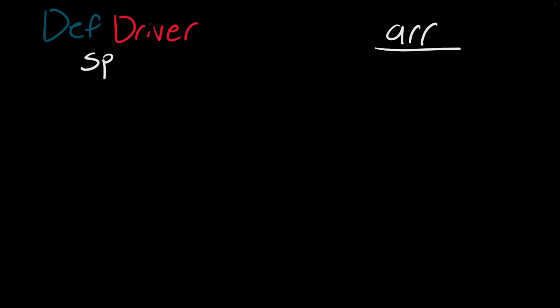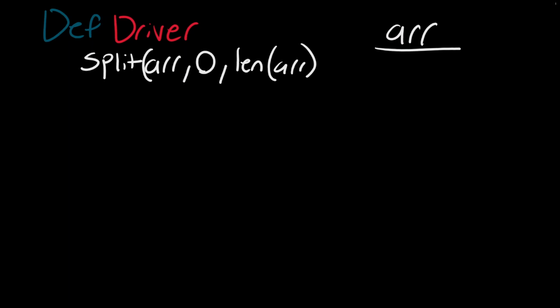The first split function call is going to be the array itself. We're going to pass the array. Then the left boundary starts all the way at index 0. And then we're going to give it the right boundary, so that's going to be the length of the array minus 1. So that's the driver.